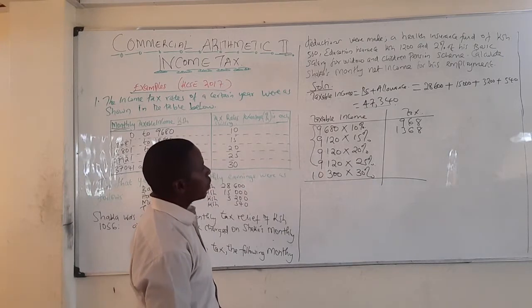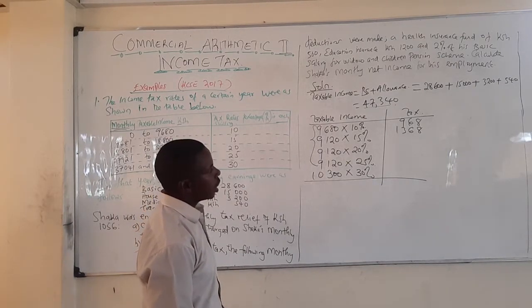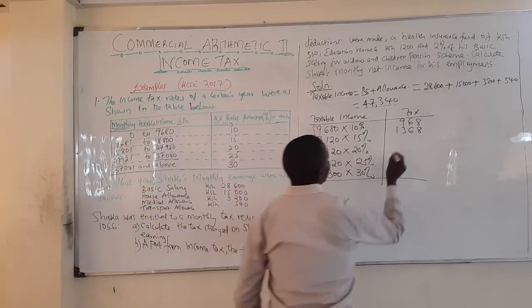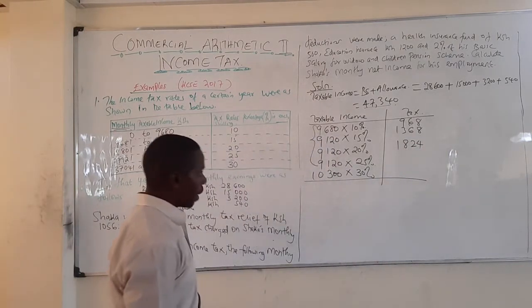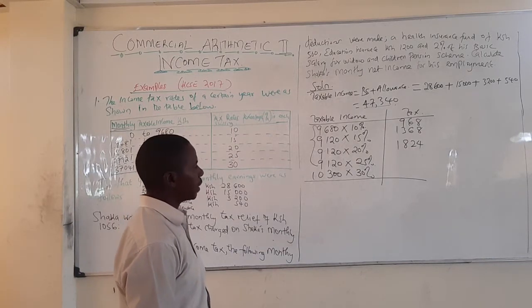Then we have 9,120 times 20%. We are going to get 1,824. Then we have 9,120 times 25%.